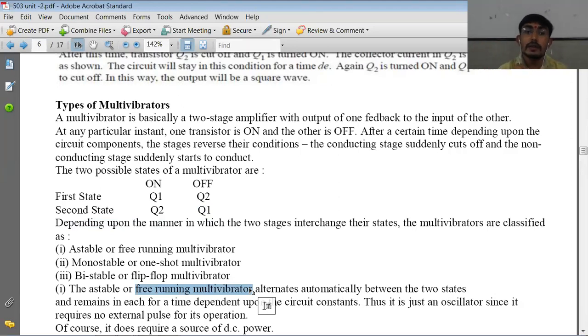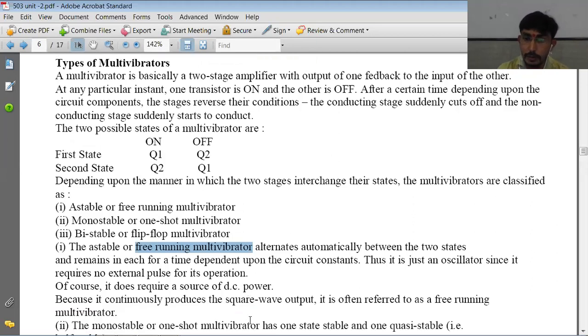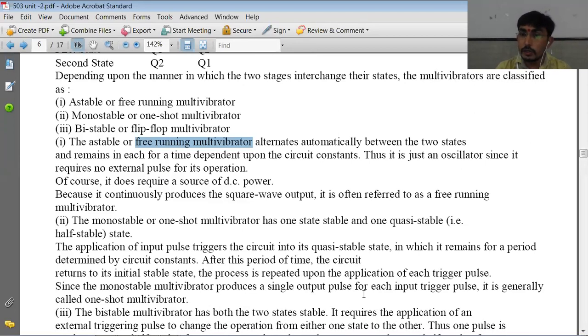A monostable multivibrator is also called a one-shot multivibrator. In a one-shot multivibrator, one state is a stable state and the other is a quasi-stable state. So it requires an external triggering pulse to change the states.